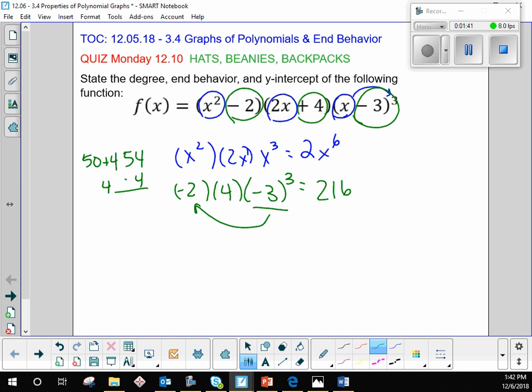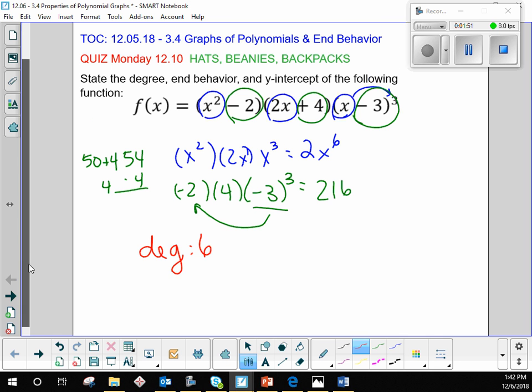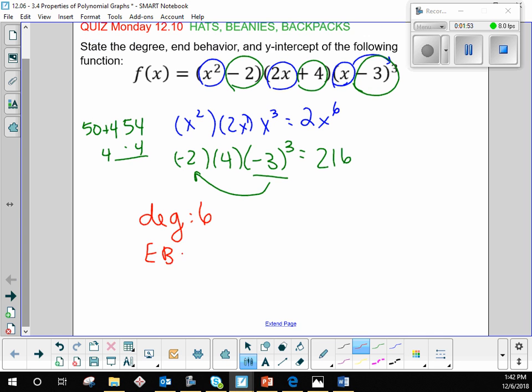So 216. Then what are we going to do with all these pieces of information for the degree? We just read off from that first term. What's the degree? Yeah, 6. And then end behavior is a combination of two pieces of information. One is, is your degree even or odd? Even, very good.